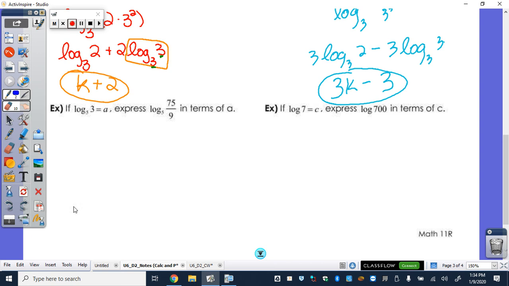All right, 2 more. So 75. What multiplies to give us 75? 3 times 25. So how can I rewrite 25 though? 5 squared. The 9, 3 squared.